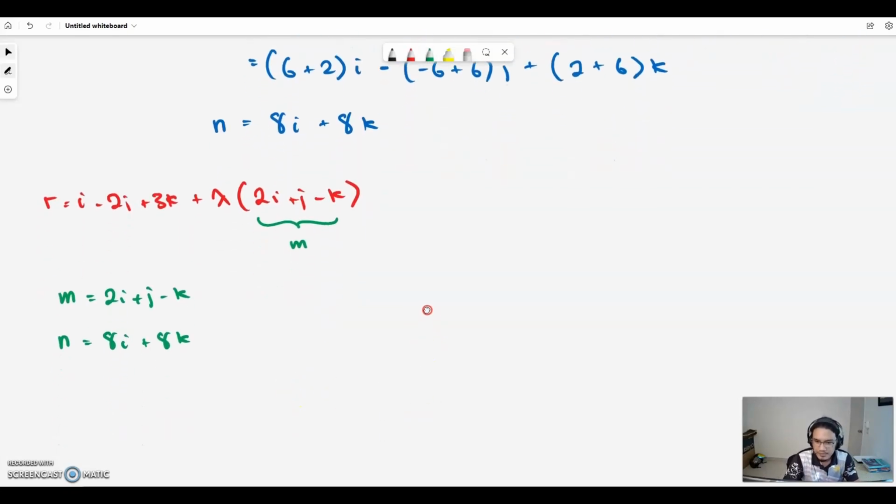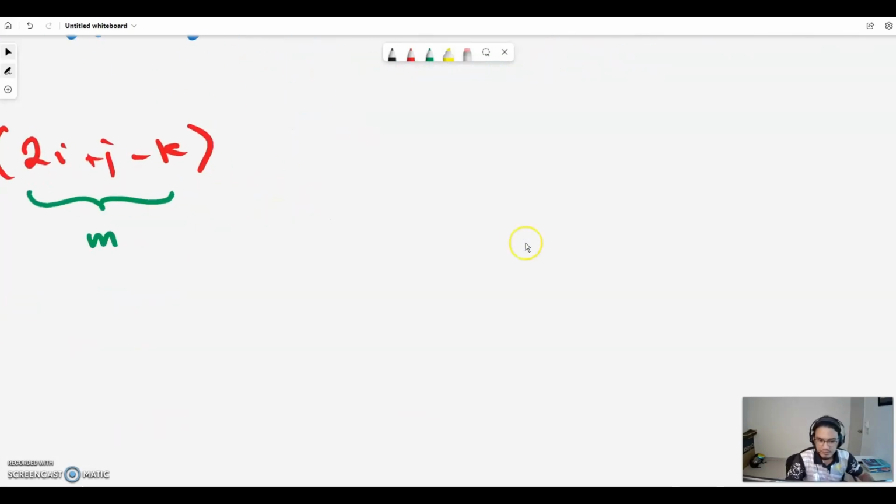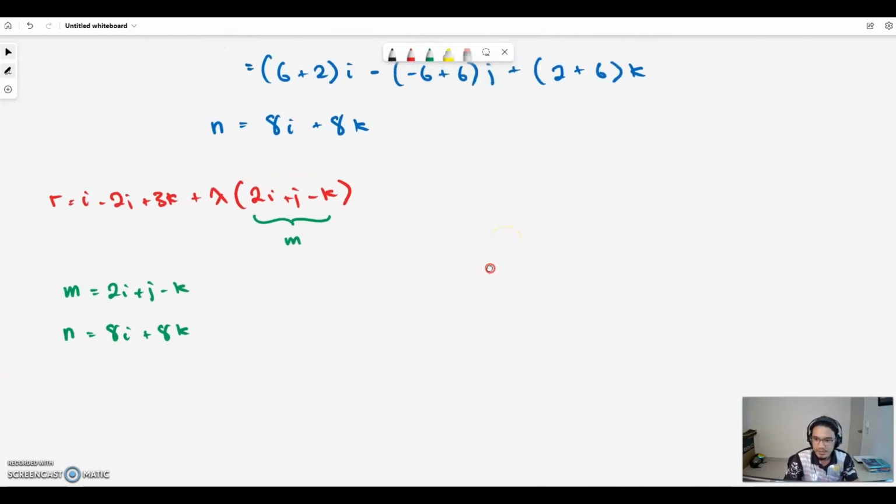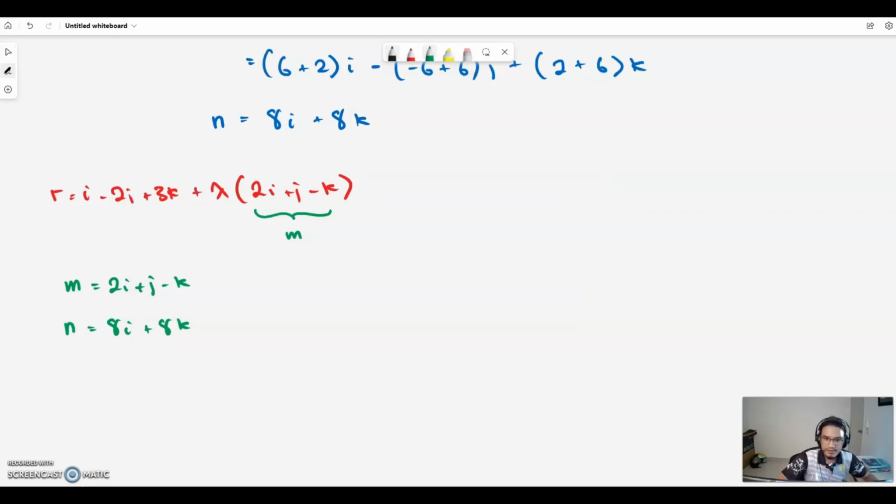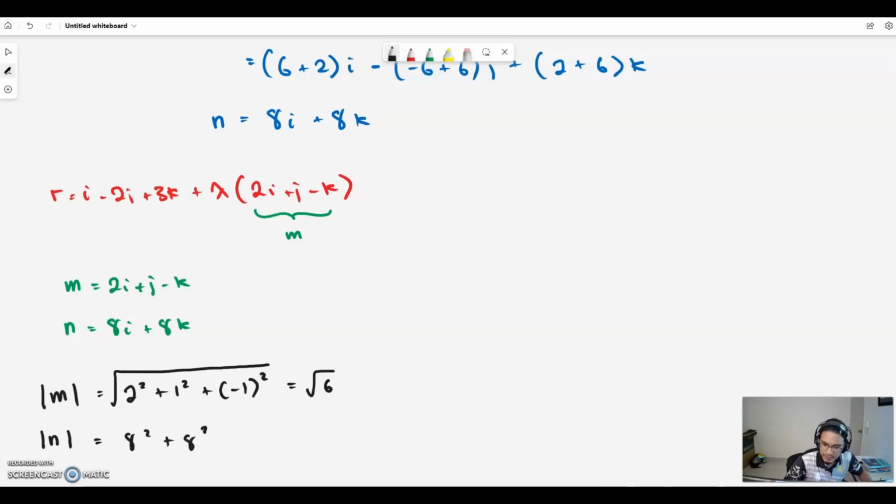So next we have to find the angle in between vector m and vector n. Okay, so we start with the magnitude. The magnitude of m is equal to square root of 6, and the magnitude of n is equal to square root of 128.